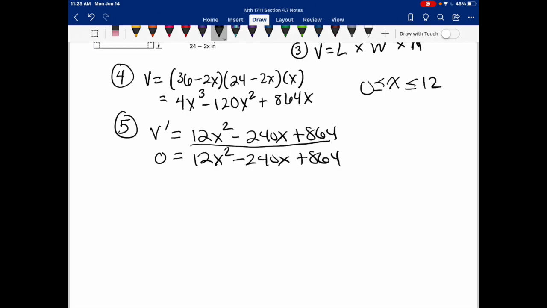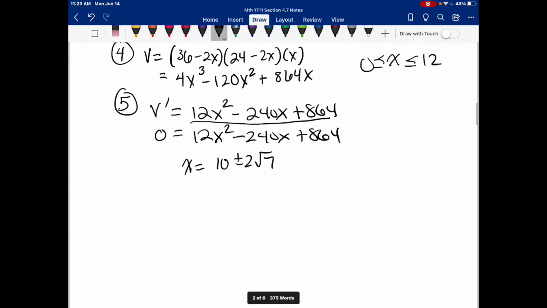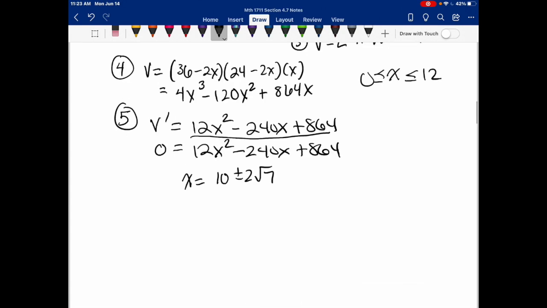But no matter what method you use, quadratic formula or complete the square, what you should get for your critical values would be that x is 10 plus or minus 2 square roots of 7. Now, if I take 10 and add 2 square roots of 7, that's definitely outside the range of values we want to consider. So we're going to eliminate that as a possibility, and we're just going to keep x is equal to 10 minus 2 square roots of 7.